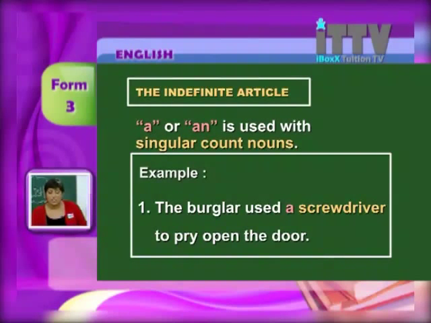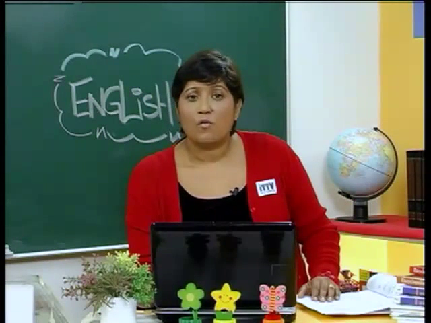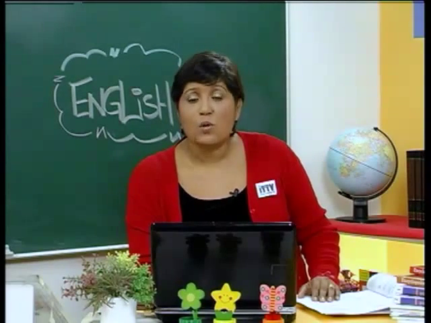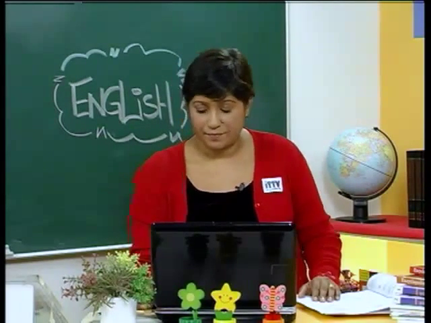A or an is used with singular count nouns. Let us recall what is singular and plural. Singular is from the word single, meaning one. Plural means more than one.